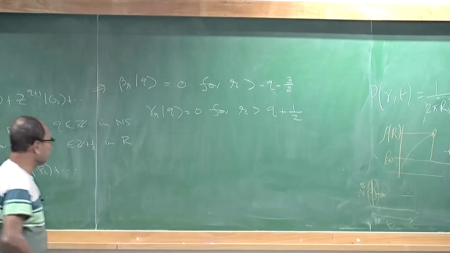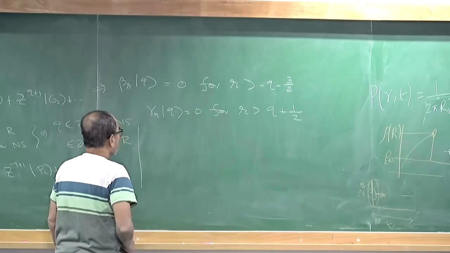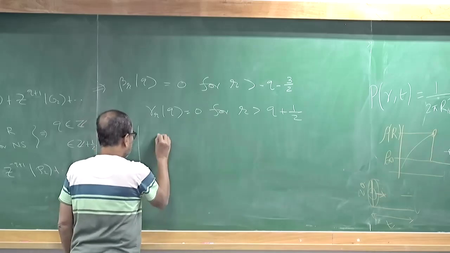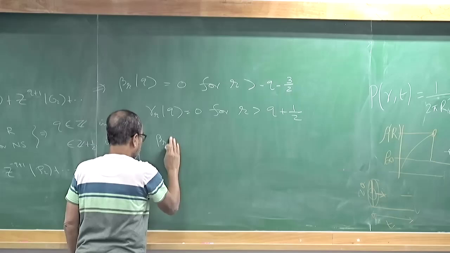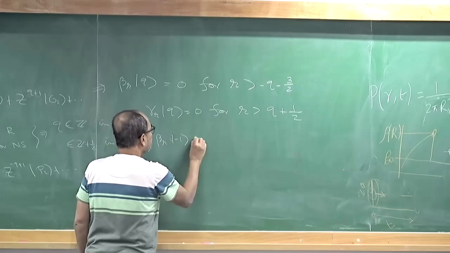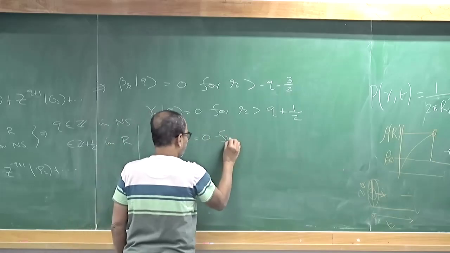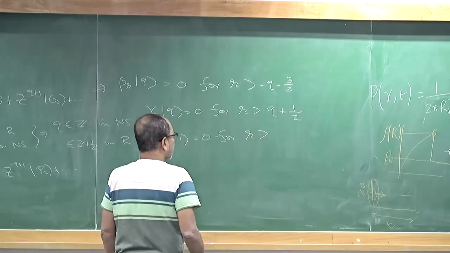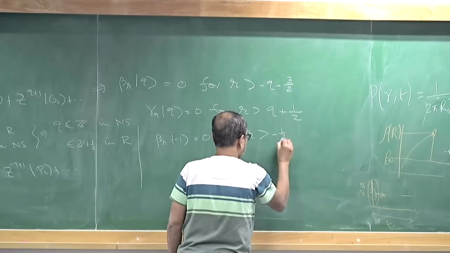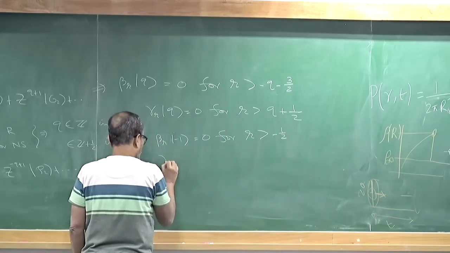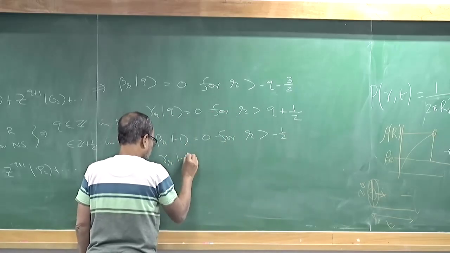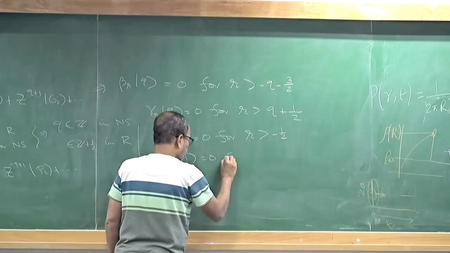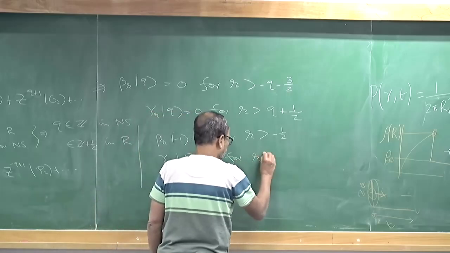So from this we see that if we choose q to be minus 1, then beta r on minus 1 is 0 for r greater than minus half, and gamma r on minus 1 is 0 for r greater than minus half.